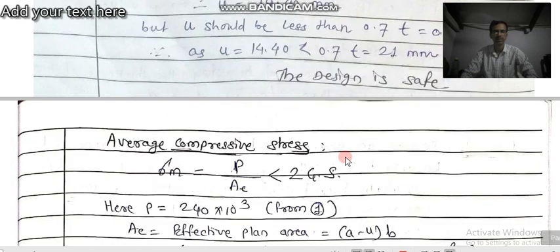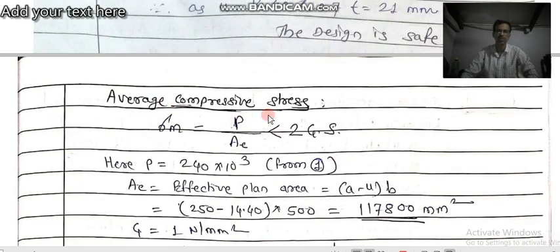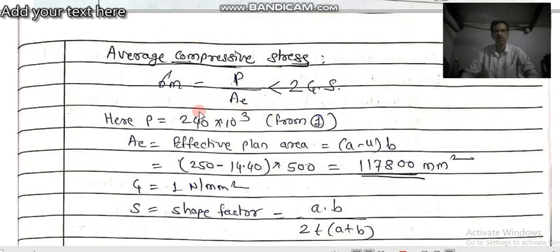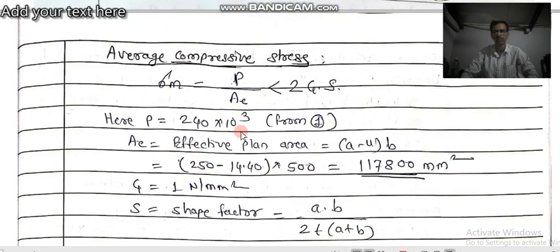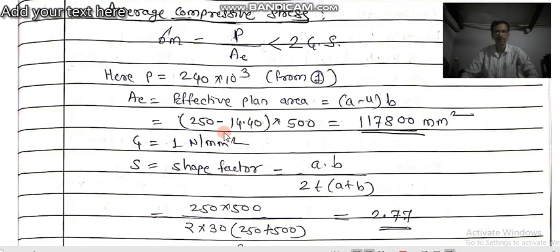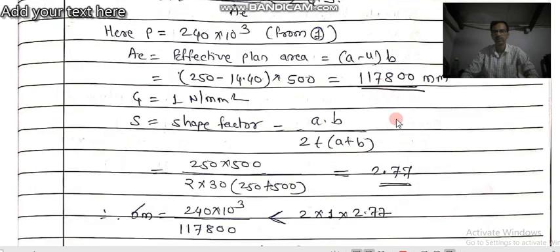Next step is the average compressive stress. As per the design procedure, sigma m is P by AE, which must be less than 2 times GS. Here P is PC plus PS, that is 240 kilonewton, or 240 into 10 raised to 3 newton. AE is the effective plan area, that is A minus U into B, 250 minus 14.40 into 500, which is 117,800 mm square.